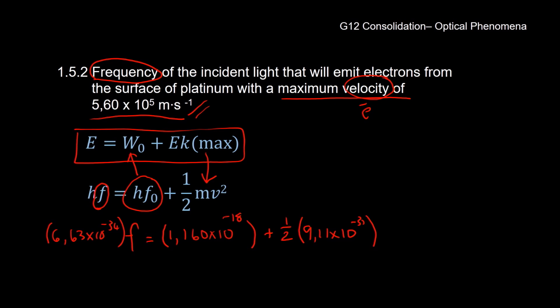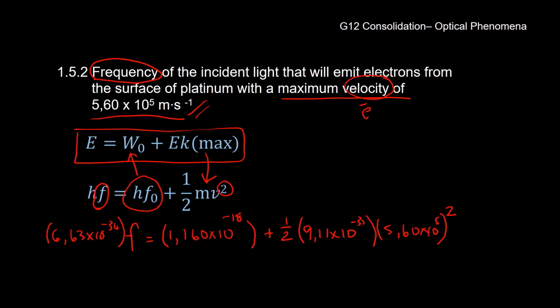And what is the velocity? Well, they've given us the velocity, and that is 5,6 times 10 to the 5. Now, be careful here. Our formula says a half mv squared. You need to square that value.